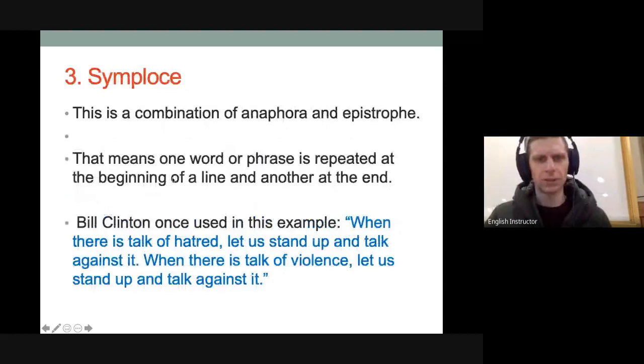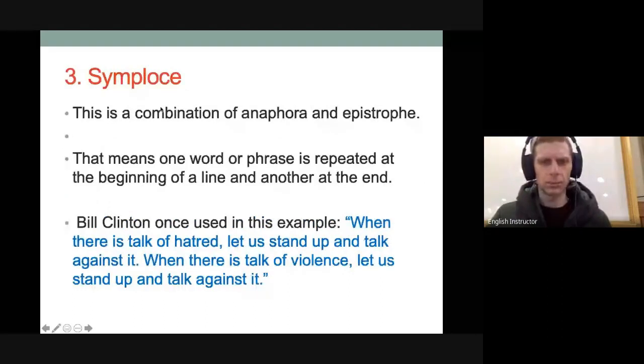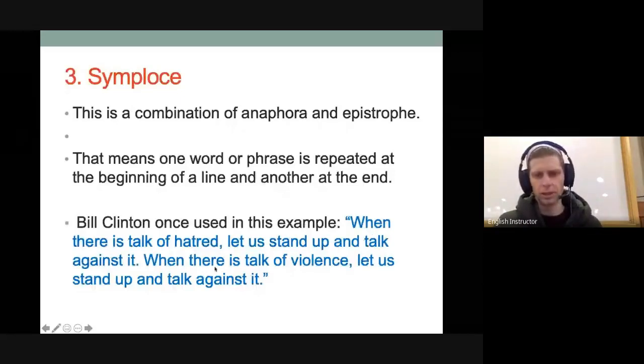Then we have this idea of symploce. So we see it repeated at the beginning and at the end. So for example, when there is talk of hatred, let us stand up and talk against it. When there is talk of violence, let us stand up and talk against it.